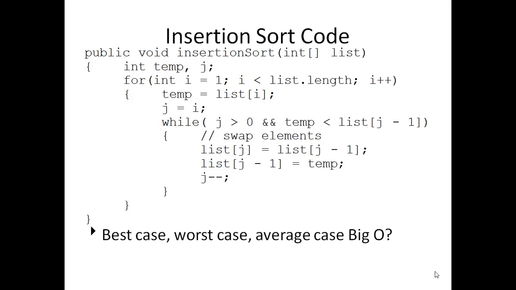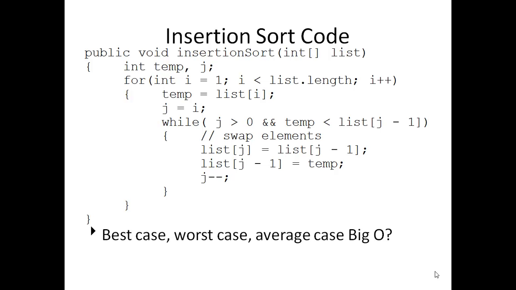What am I doing? While, see, what we are doing, suppose 33, 44 is already sorted. Forget about this example, let's take another example: 33, 44 and let's say 22 is here.